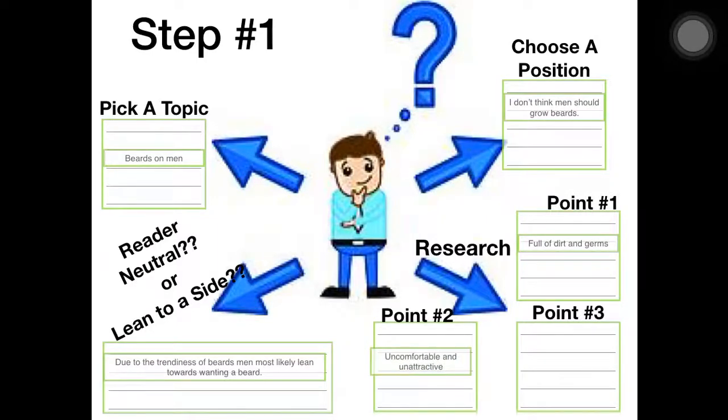The second point is uncomfortable and unattractive. I'm not necessarily going for the uncomfortable for the man. I'm thinking more like when I hug you and you have this scratchy, scruffy beard, it's uncomfortable for me. Okay, and I'm going to do a little bit of research maybe on whether women think beards are attractive or not.